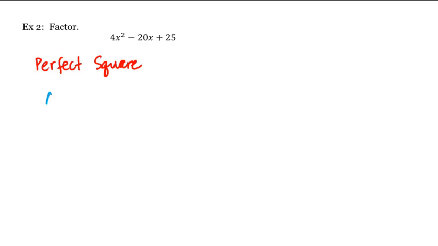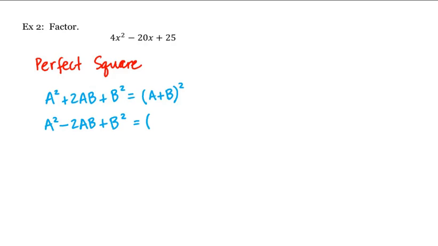And the formulas are that a squared plus 2ab plus b squared is equal to (a plus b) quantity squared, or a squared minus 2ab plus b squared is equal to (a minus b) quantity squared.